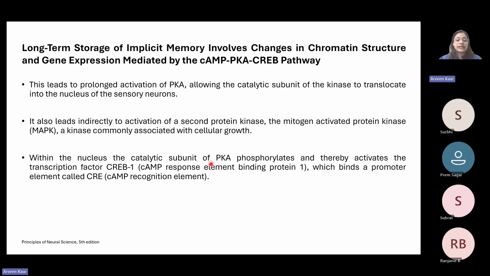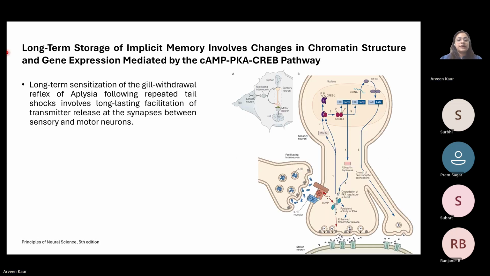Within the nucleus, the catalytic subunit of PKA phosphorylates and thereby activates the transcription factor CREB1 or cAMP response element binding protein 1, which binds a promoter element called CRE or cAMP recognition element. So this is that pathway that I was talking about.